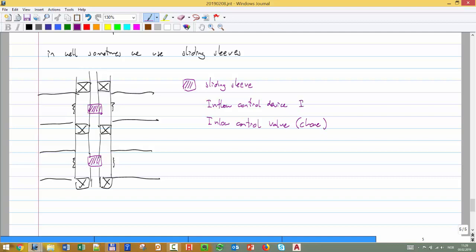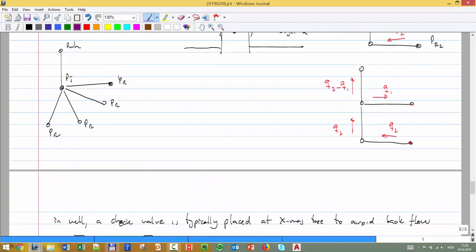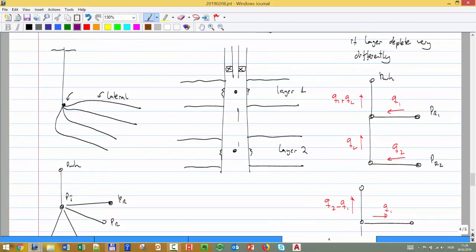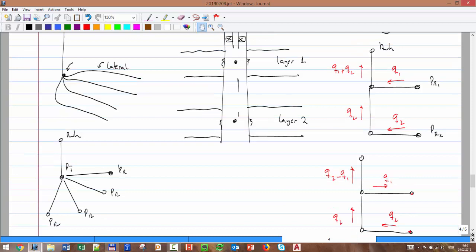I make the abbreviation ICD, and this is ICV. But basically, in a choke you get the idea. If you're getting too much flow from here, you try to close or even choke the formation. Or if you want both of them to be depleted evenly, if you're getting too much flow from one of them, like from Q2 for example, or Q1, you try to choke that formation such that both deplete at the same rate.